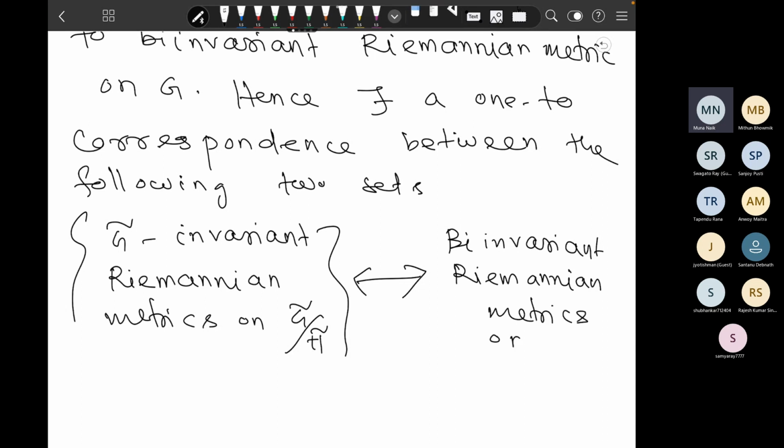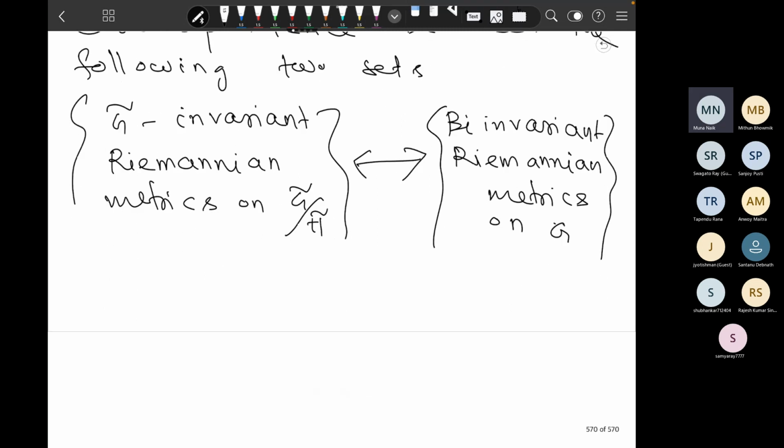Now we know from our abstract theory that there always exists a G tilde invariant Riemannian metric on G tilde by H tilde.